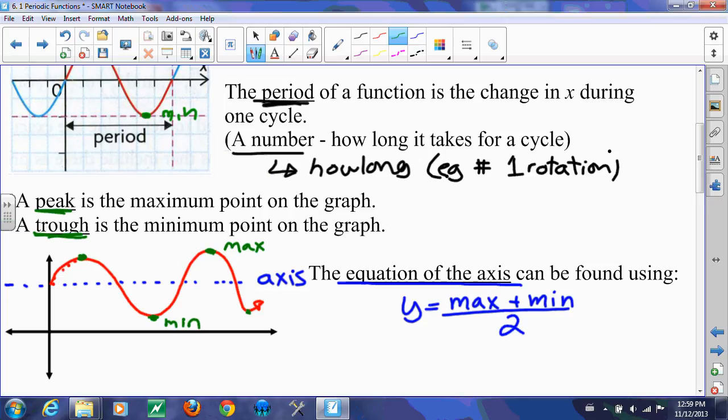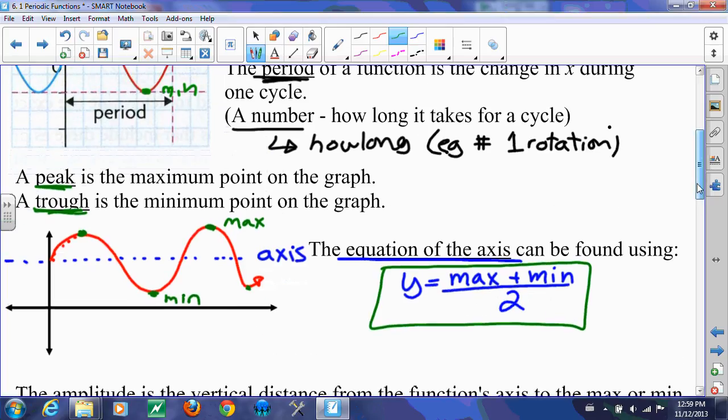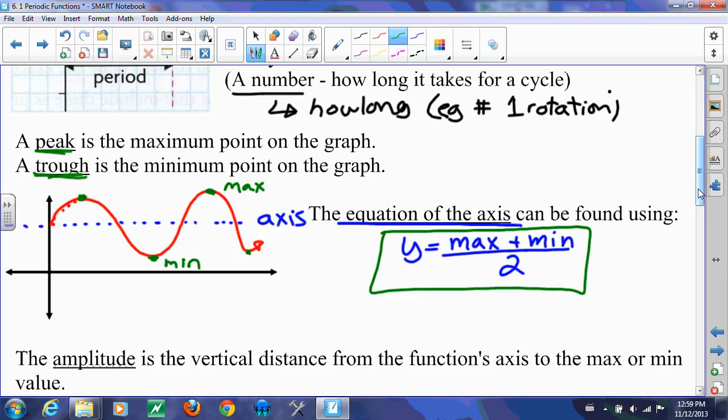Okay, and you're going to notice that the axis is halfway between it, so it kind of creates some symmetry. So you might want to write down that although this is the equation of finding your axis, you're going to know that this is halfway between the max and the min.